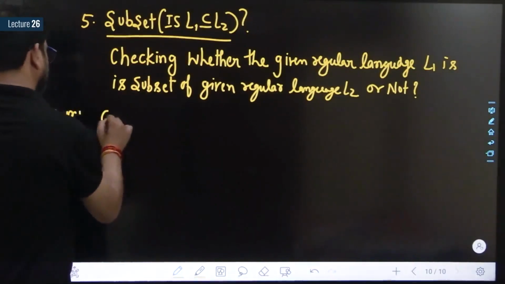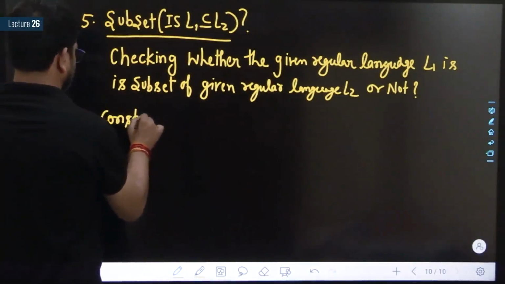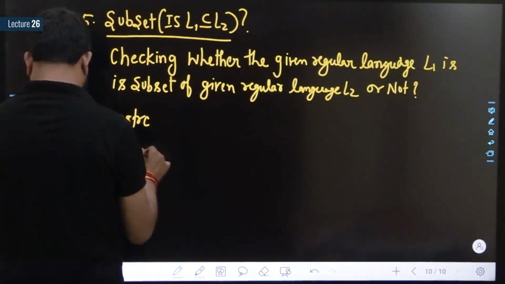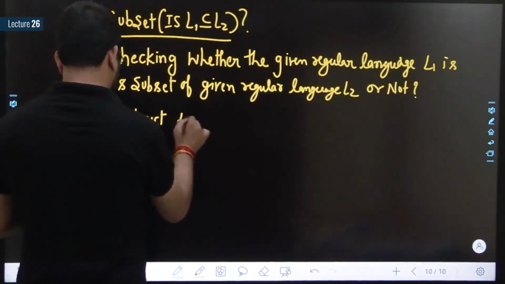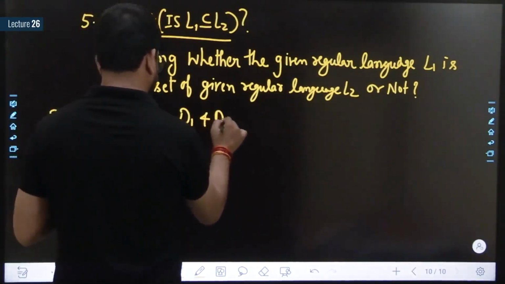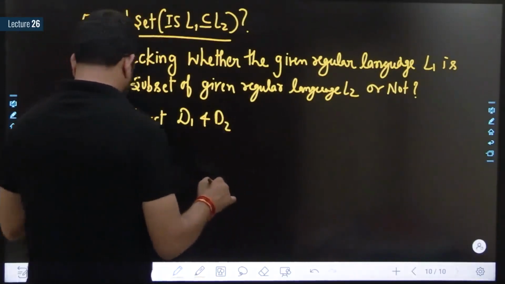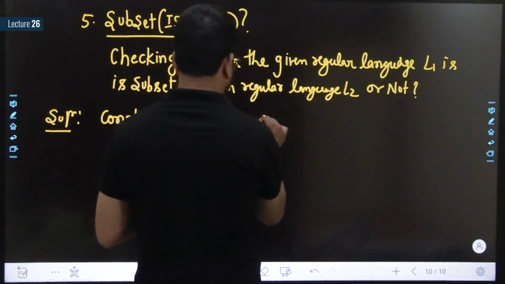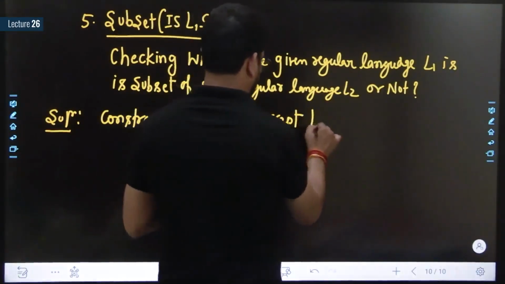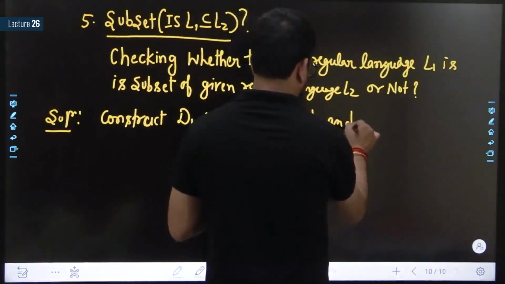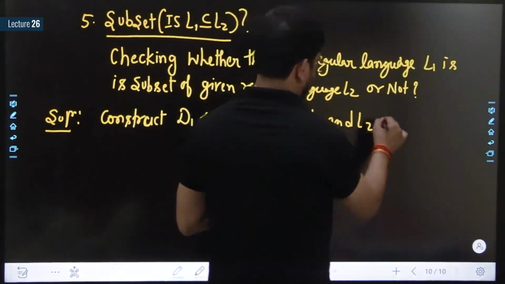Construct D1 and D2 to accept L1 and L2 respectively.